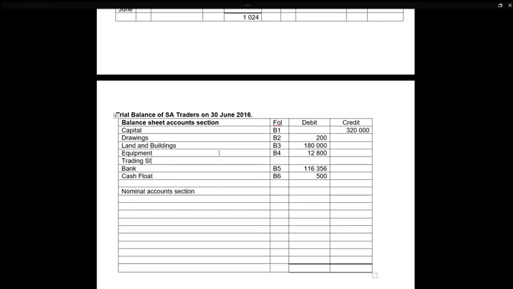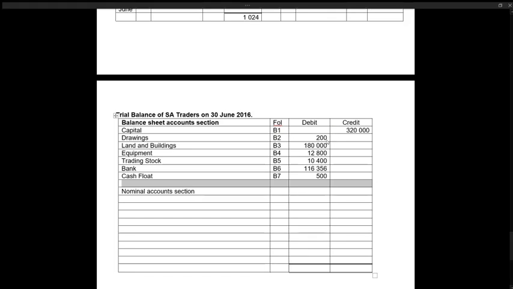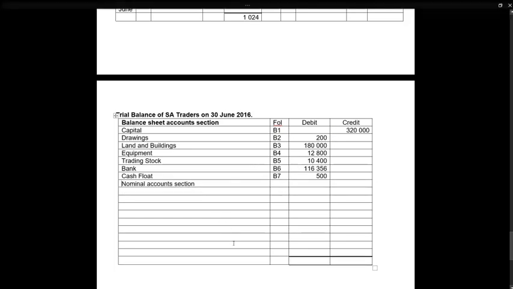Trading stock, that should be B5. And trading stock's balance was a debit balance of 10,400. Bank will then be B6 and cash float will be B7. I'm just going to take this line out.